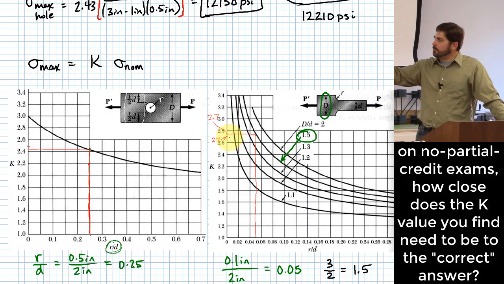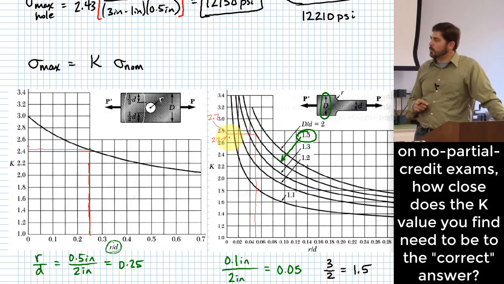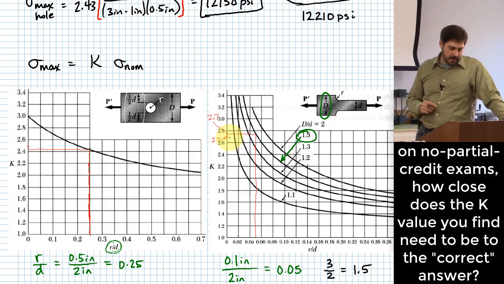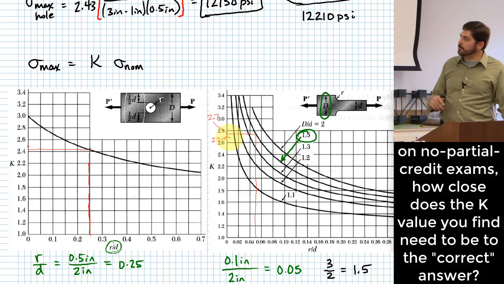What if I had solved this problem and instead of telling you that the radius of that curve right there was 0.1, it was 0.12? Everything else is the same. I make the radius of curvature for the fillet 0.12 instead of 0.1.